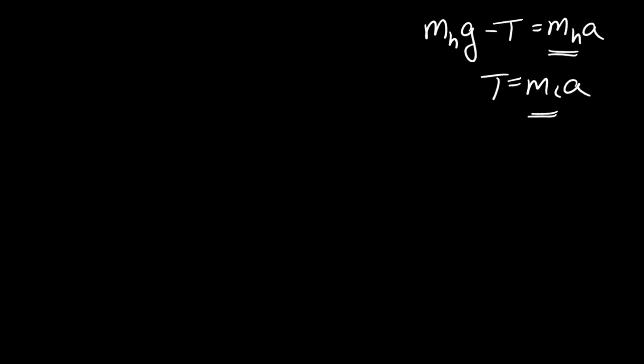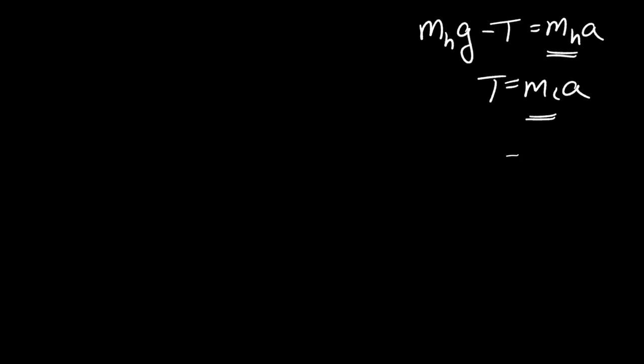So let's just get all that distraction out of the way and realize if I have these 2 relationships, I can use just simple addition to add these 2 things together. Add on the left side, and I just get MH times G. Right, the 2 T's will sum together to be 0.